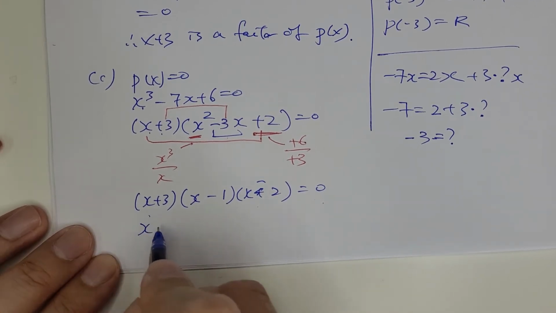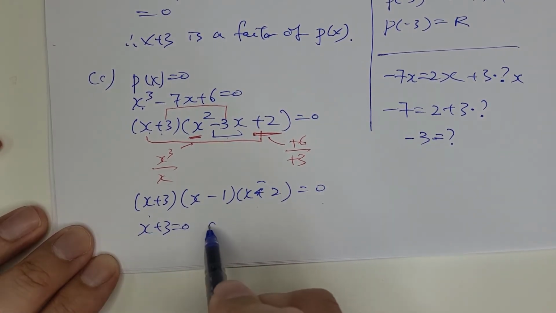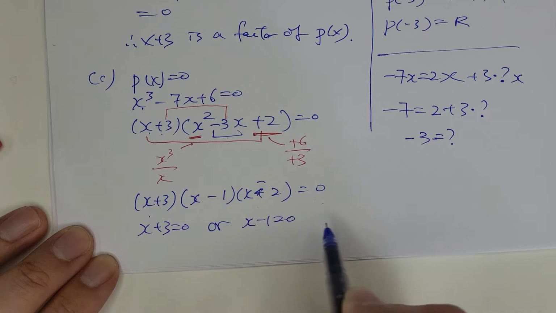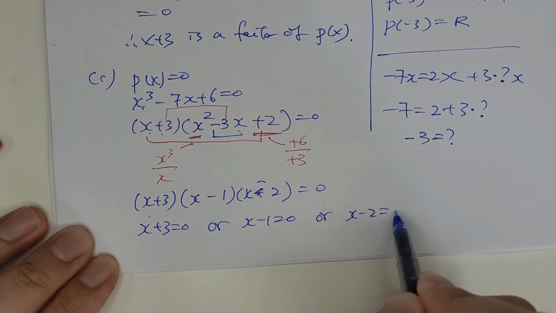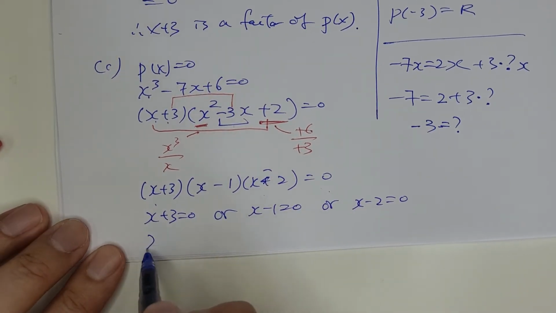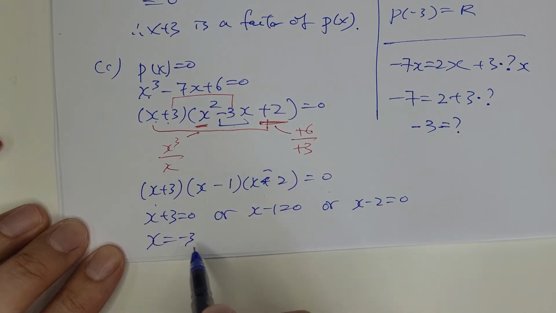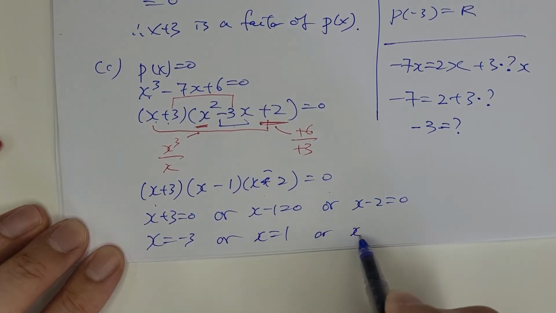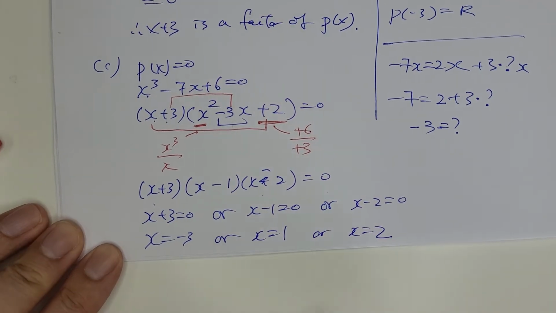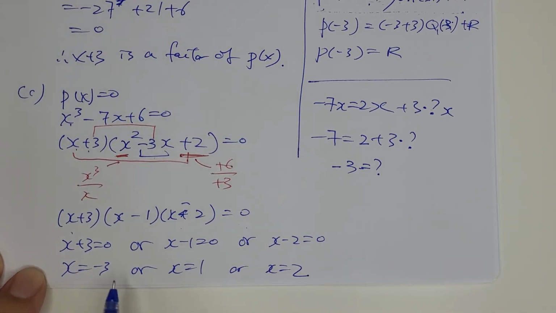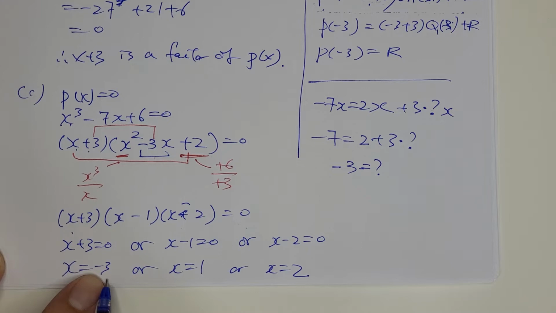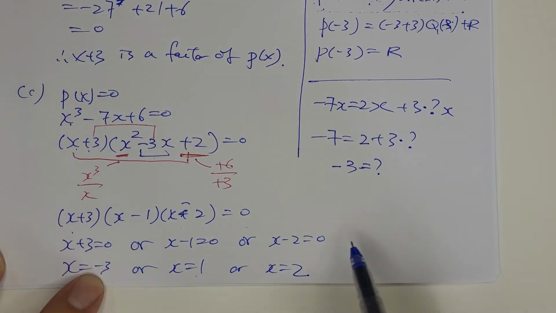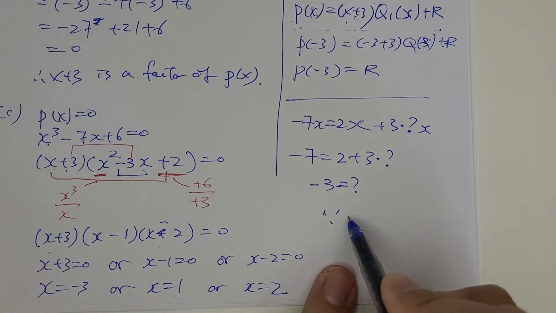That means one of them will be 0, and therefore the answer will be x equals negative 3, or x equals 1, or x equals 2. All these are rational. Negative 3, 1, and 2 are all rational.